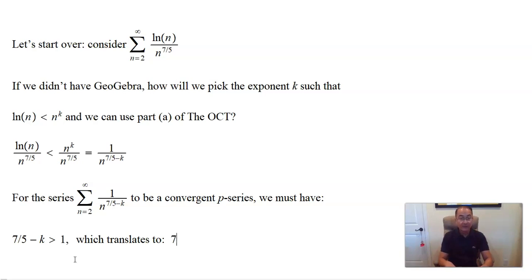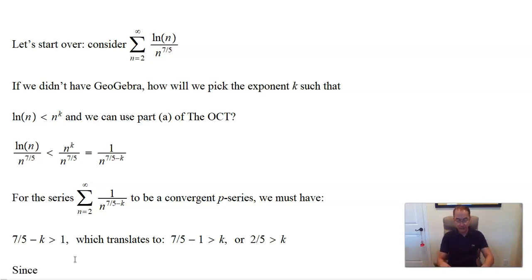So we'll get 7/5 minus 1 greater than k. In other words, 7/5 minus 1 is 2/5, so 2/5 greater than k. We have to pick k so that k is smaller than 2/5.